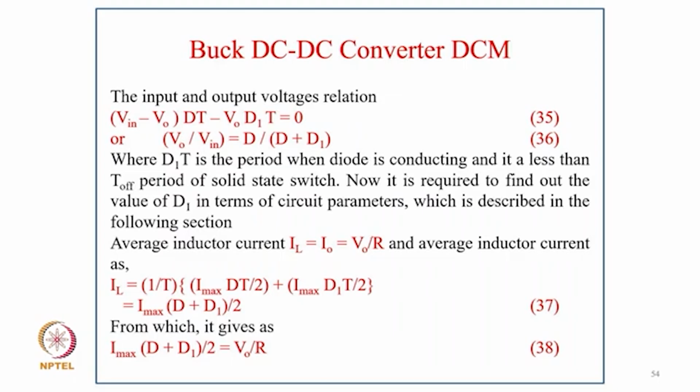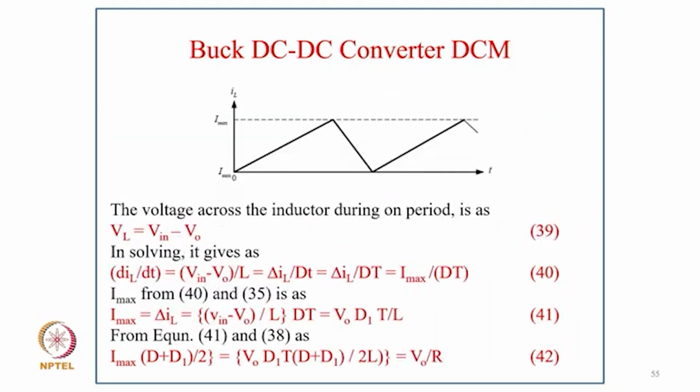Coming to the average inductor current, IL equal to Io equal to V upon R, and the average inductor current is IL equal to 1 upon T of (Imax D T by 2 plus Imax D1 T by 2), which is equal to Imax (D plus D1) by 2, from which we find Imax (D plus D1) by 2 equal to V upon R. Of course, here the I minimum is 0 because it is a discontinuous conduction mode.